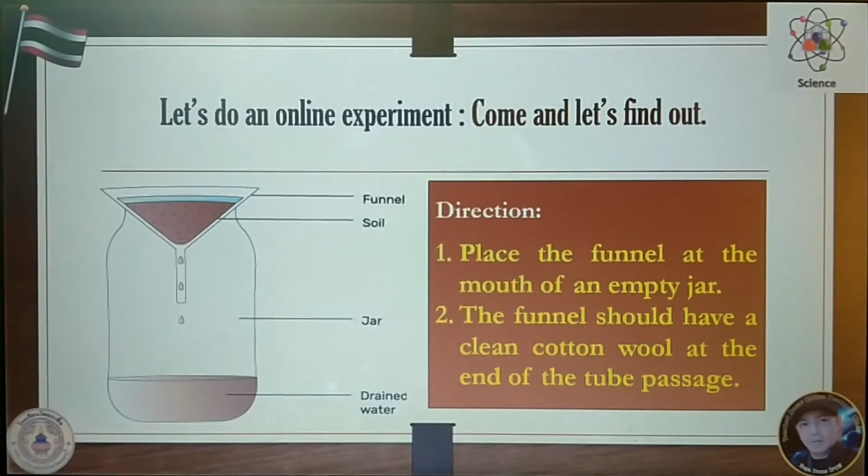Direction. Number 1, place the funnel at the mouth of an empty jar. The funnel should have a clean cotton wool at the end of the tube passage.